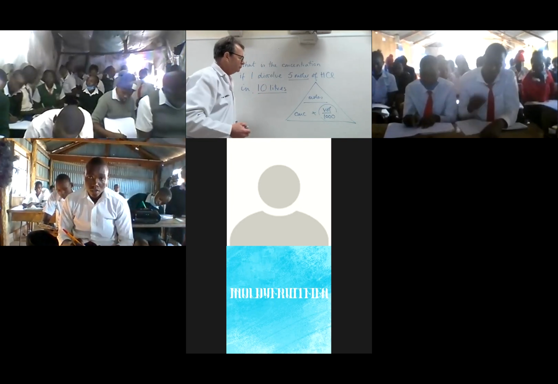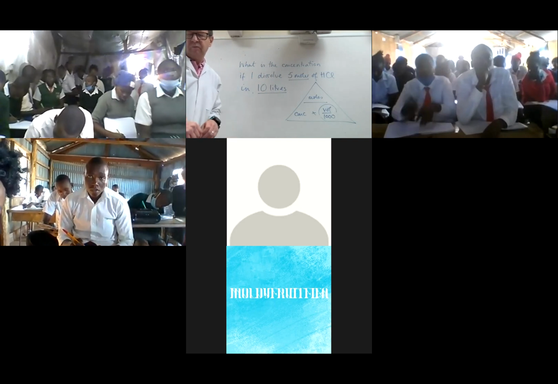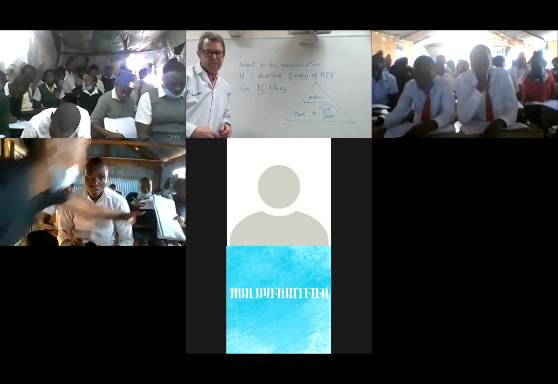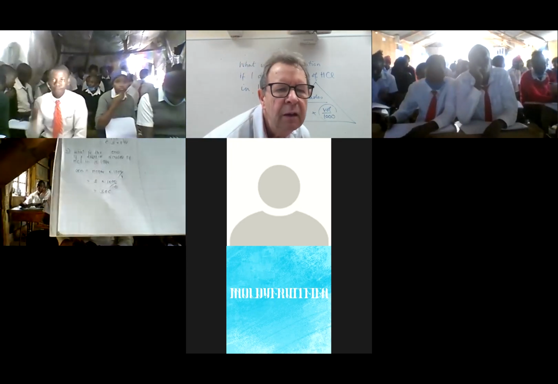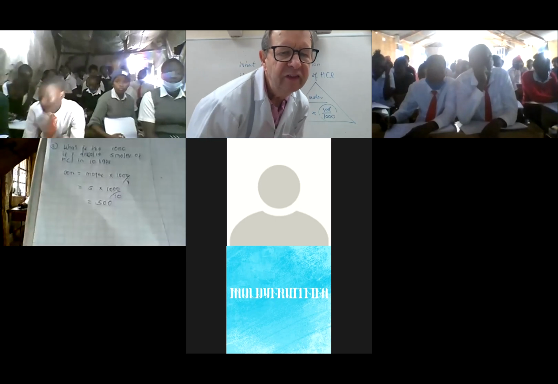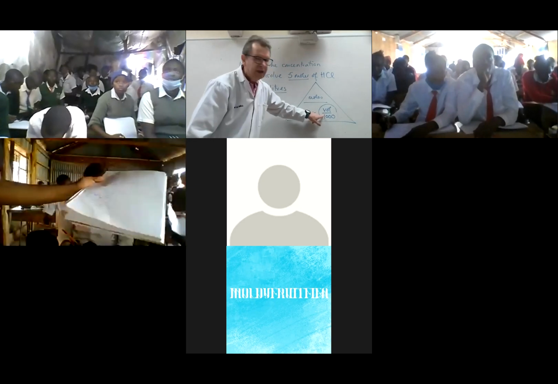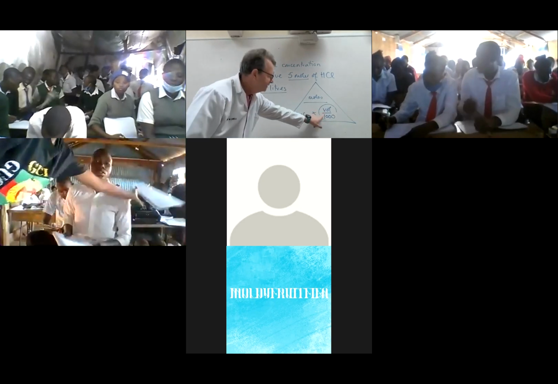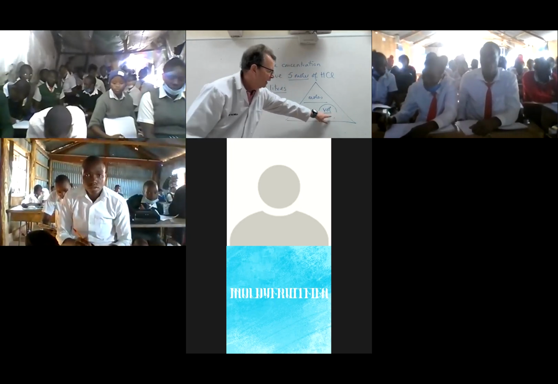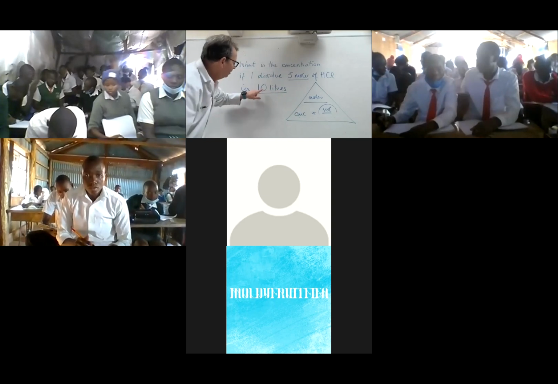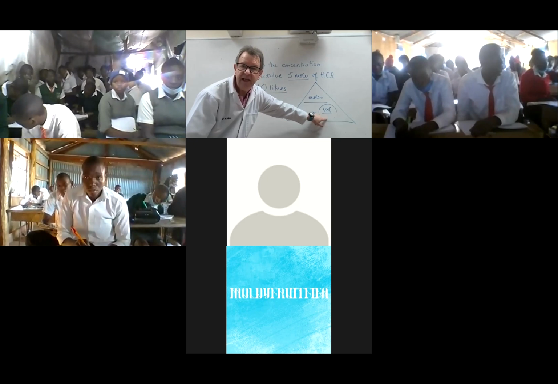Okay. Have a go. Is that 500? No. This here, we don't divide by 1,000. Okay? This is the point. Because this is 10 liters, the volume here must be in liters.